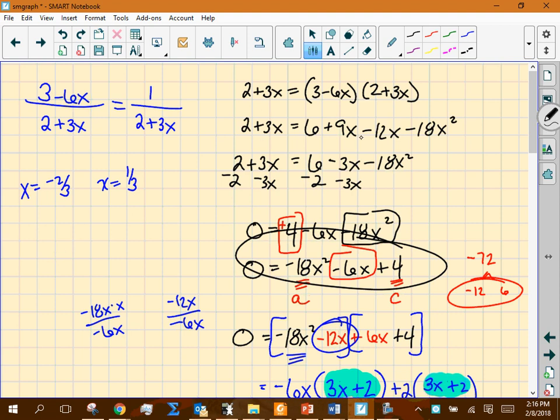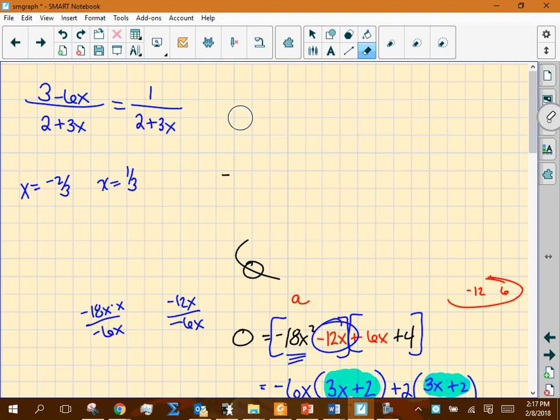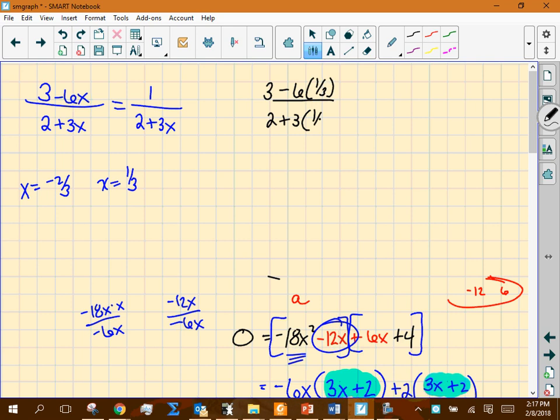Can I erase this? All right, so I'm just going to plug my answers in. So I get 3 minus 6 times 1/3 over 2 plus 3 times 1/3. Does that equal 1 over 2 plus 3 times 1/3?